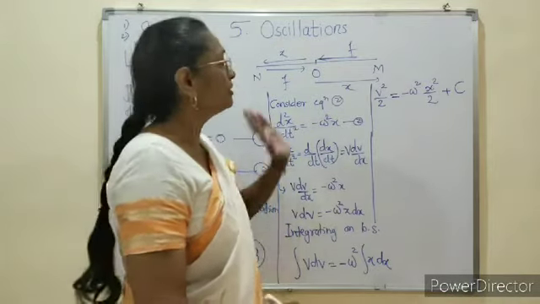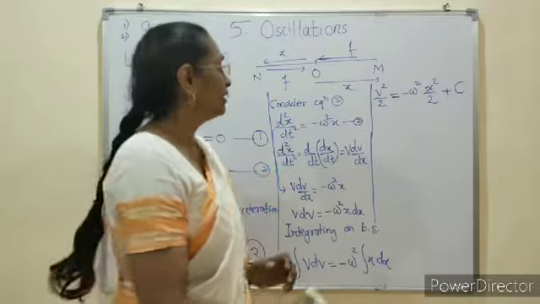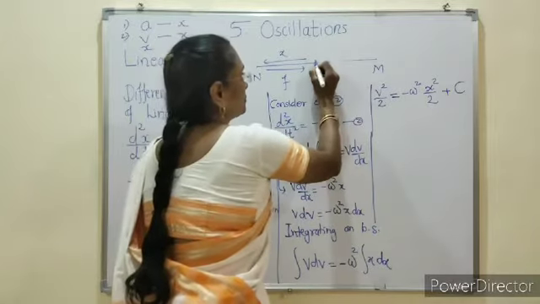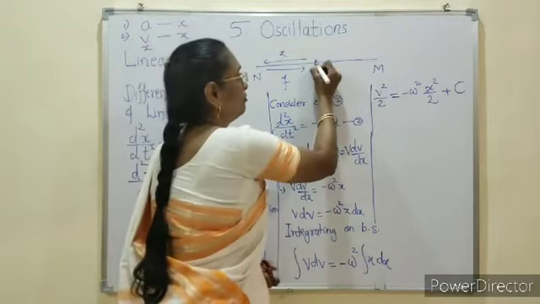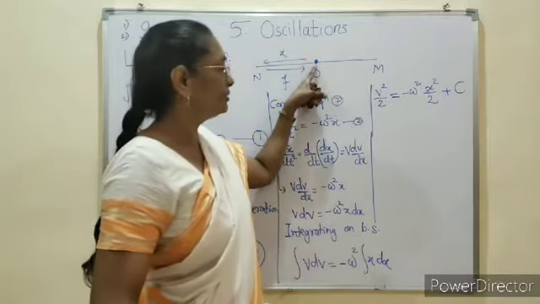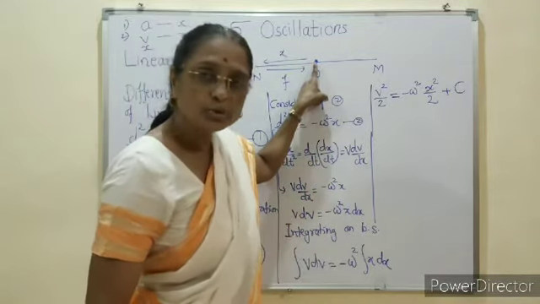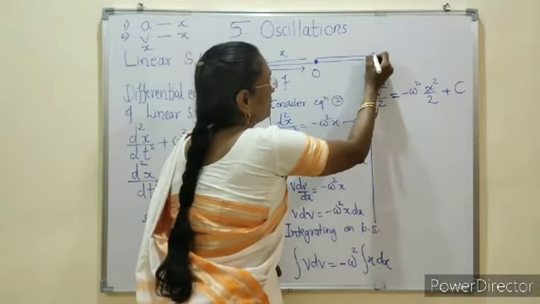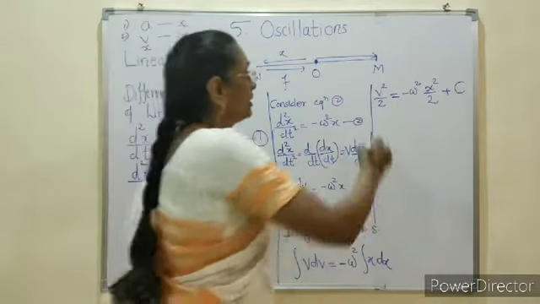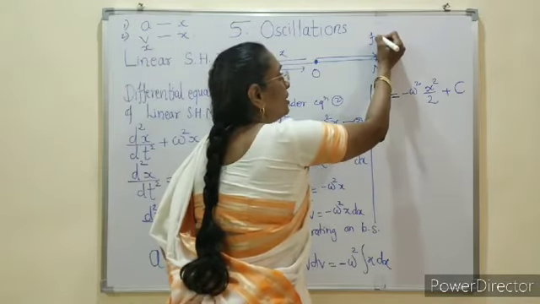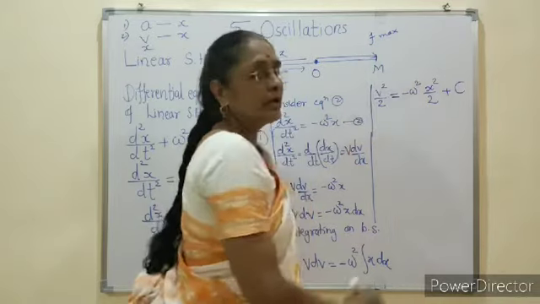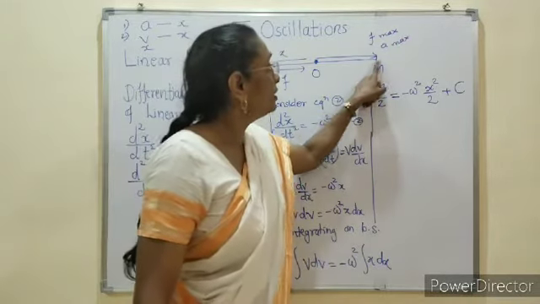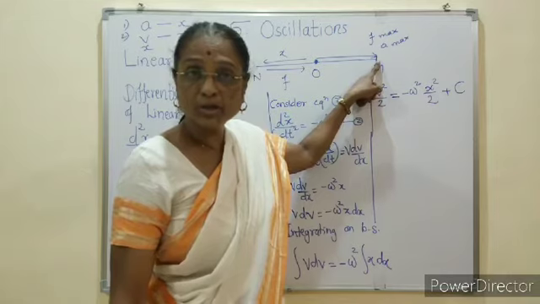So for that we consider the explanation of spring mass oscillator. Again that explanation is also very simple. Suppose that when the block or mass, that particle moves from mean position to extreme position, then force on that is maximum, acceleration is maximum, but when it goes to the extreme, it momentarily stops there.